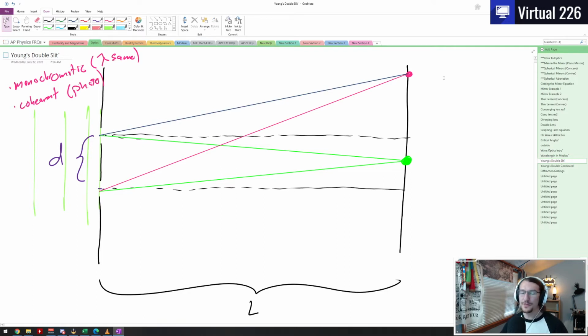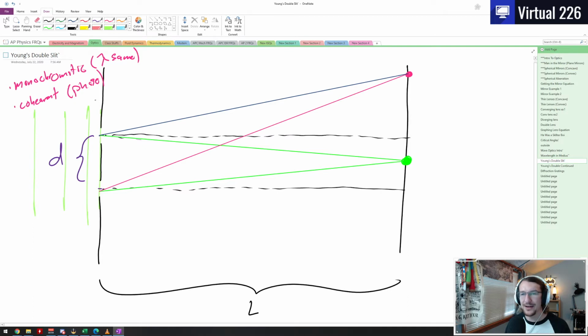The pink line is longer than the blue line. That's going to be critically important for what we're going to do. Well, how much longer is the pink line than the blue line?